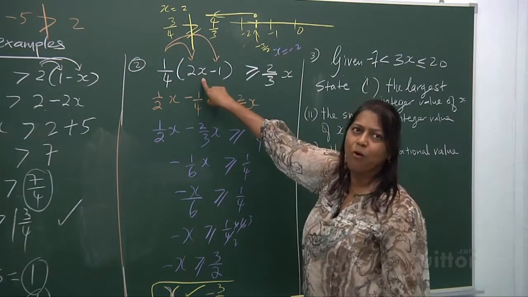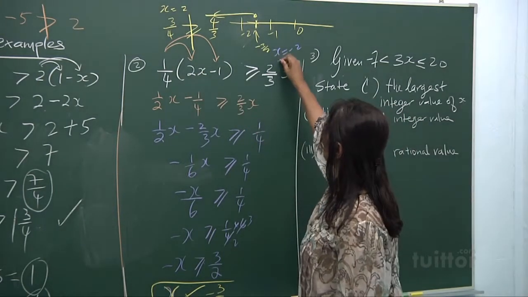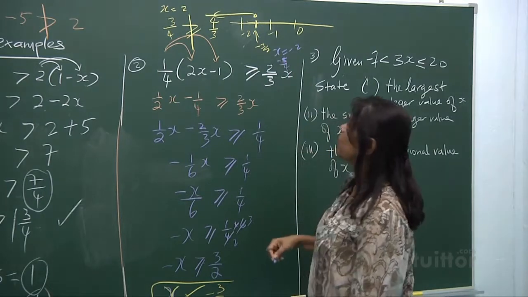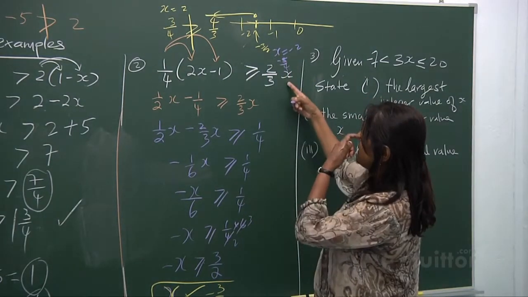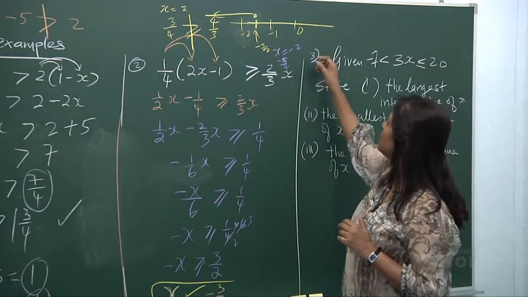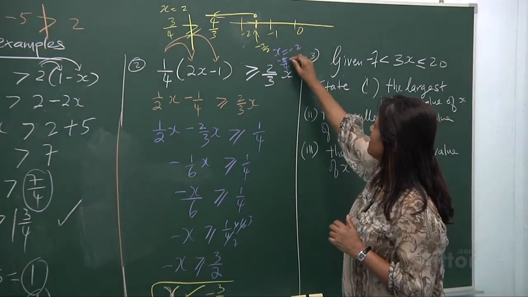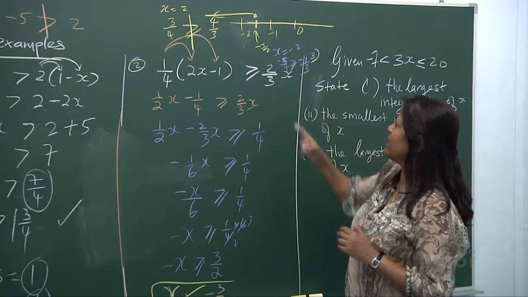This will be minus 4 times 1 minus 5 times 1 quarter. I get minus 5 quarter. When I put here minus 2, what do I get? 2 times minus 2, I get minus 4 over 3. Isn't this bigger than this? Look at that.